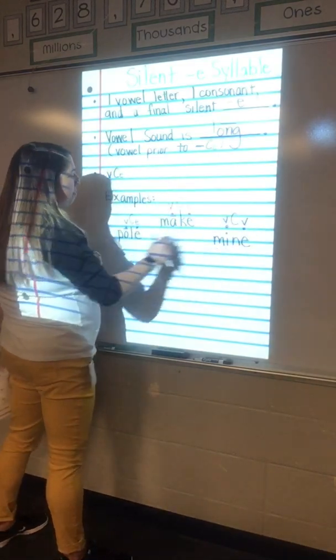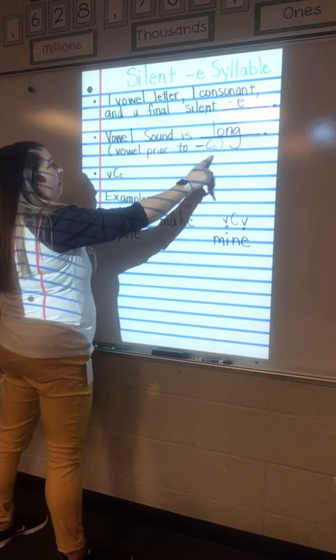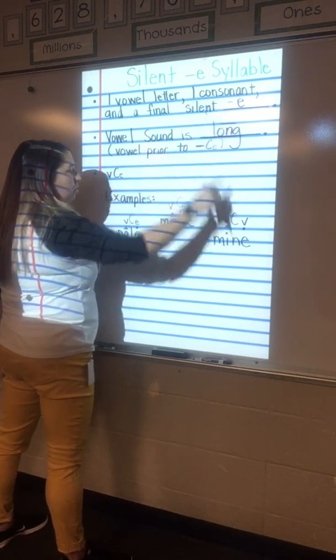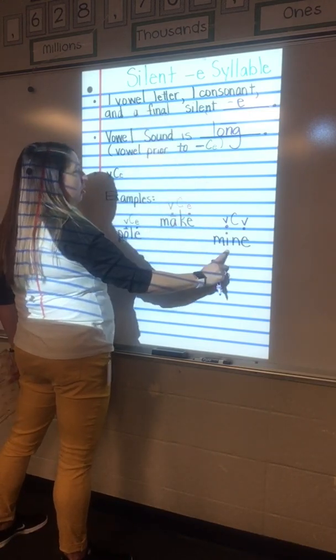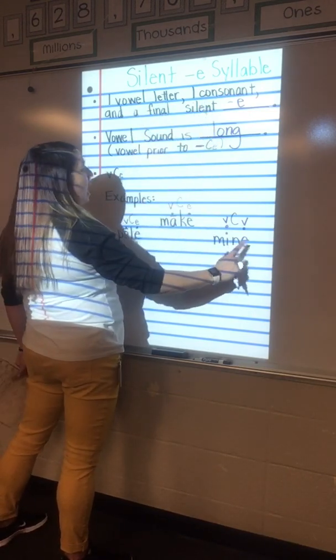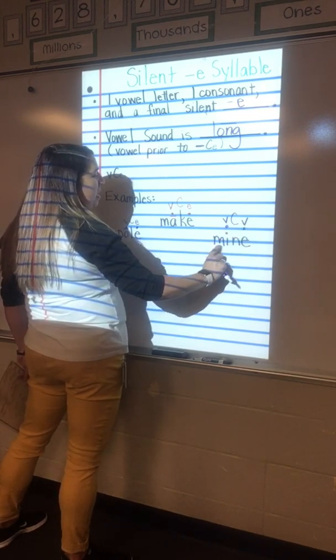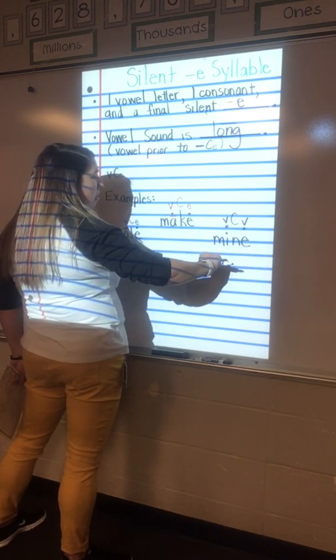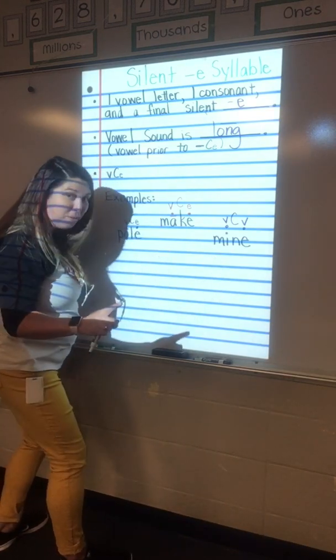Oh, but I already see a pattern. Look, it's got a final E at the end. Ooh, and it's got a consonant and a vowel. So one vowel letter, one consonant letter, and then a final silent E. Ooh, I bet it's not mini. Ooh, but that is a word, like Minnie Mouse.